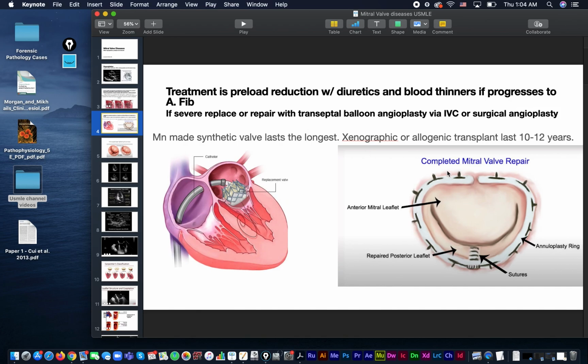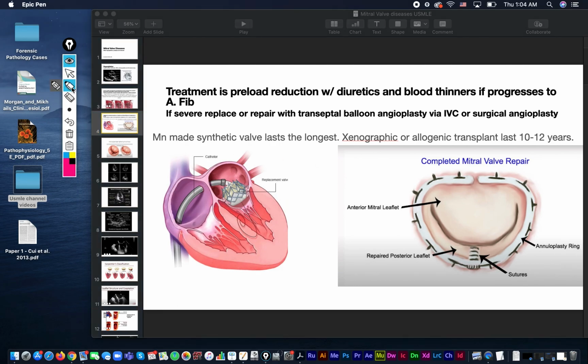Surgical annuloplasty lasts longer, and you can see here what the surgeon does is insert an annuloplasty ring. So if your prolapse is caused by a weakened annulus ring, you would repair it like this. This is considered a complete annuloplasty.